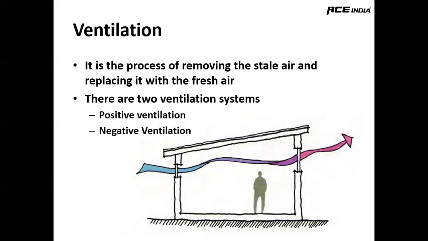Because we pushed the entire existing air out of that area, resulting in the formation of low pressure. Once the low pressure is achieved, the atmospheric air will balance it out. That means eventually the fresh air from outside will enter those areas. So this is negative ventilation. Is it clear?